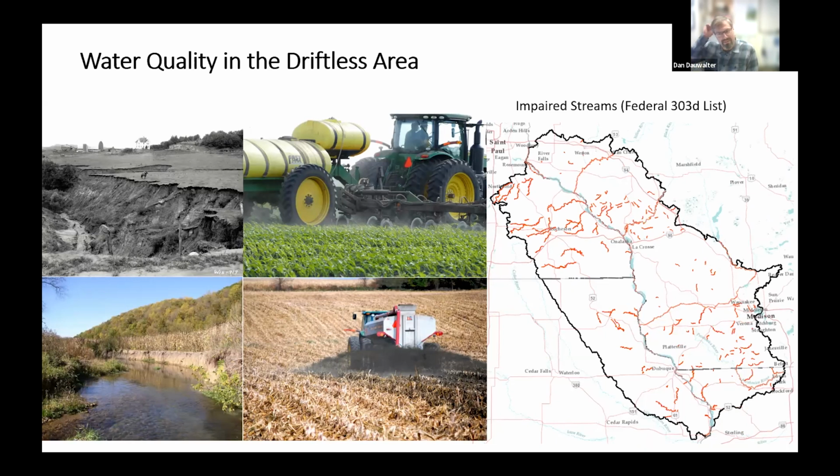All of these things have come together to lead to streams within the region being impaired. So this map on the right shows the streams that are on the federal 303(d) list as being impaired for temperature, sediment, nutrients, or other factors.